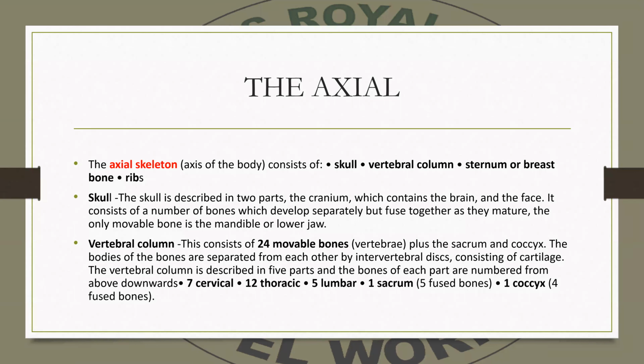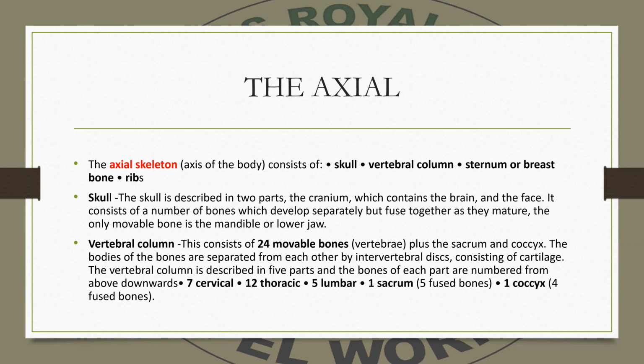From there, when you begin the chest, the thoracic cavity, that's where you have the 12 thoracic bones. They go T1, T2, T3, up to T12. After the ribs end, you have what is known as the lumbar. For the lumbar, you have 5 bones, L1, L2, L3, up to L5. That's where lumbar puncture comes from.